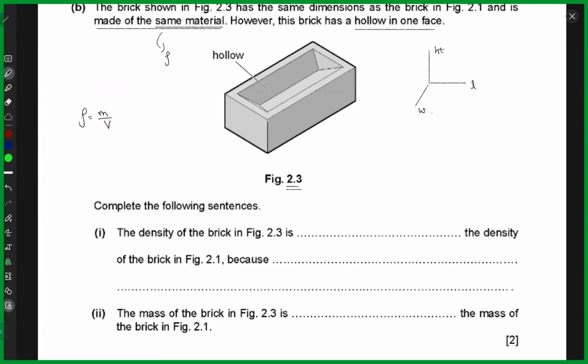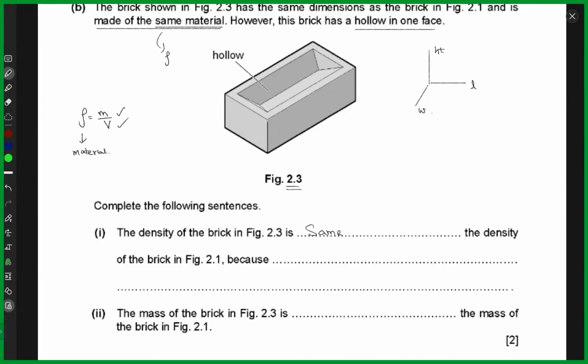However, it is strongly dependent on the material, on the nature of the material, right? So the mass and volume will be adjusted accordingly. Now, in this case, the density is going to be the same.